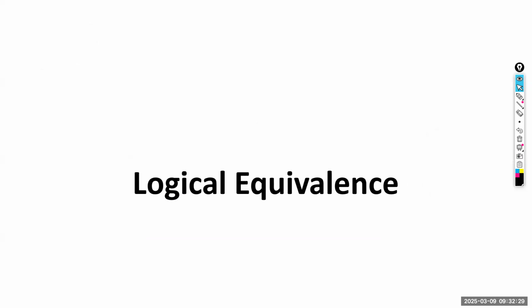Right, so logical equivalence means if two statements have the same truth table, we can say that those are logically equivalent. Or in other words, from one statement, by applying logic rules, if we can derive another statement, then the last statement and the first statement or any other intermediary statements are equivalent with one another.